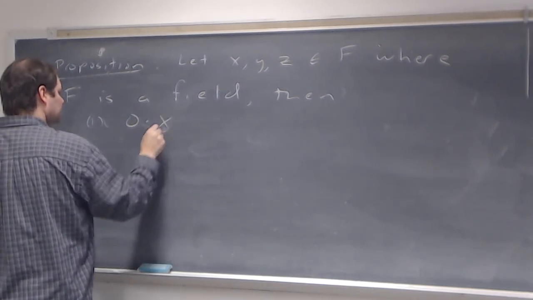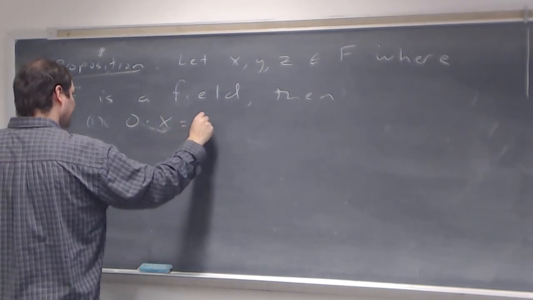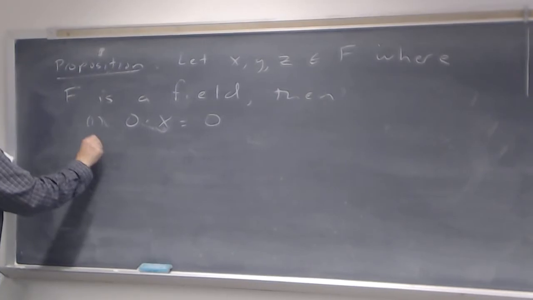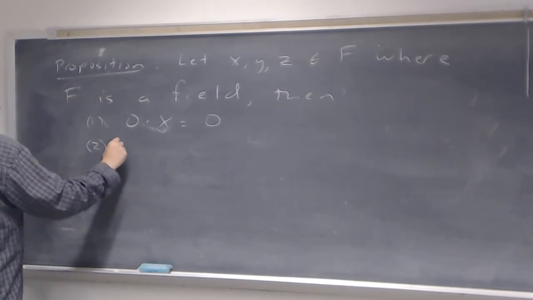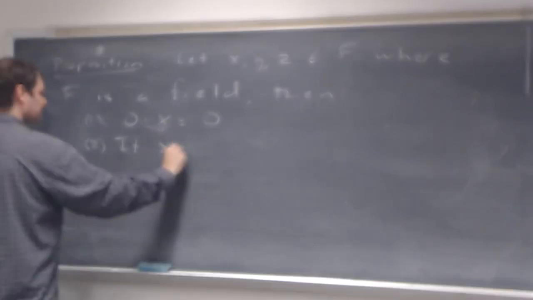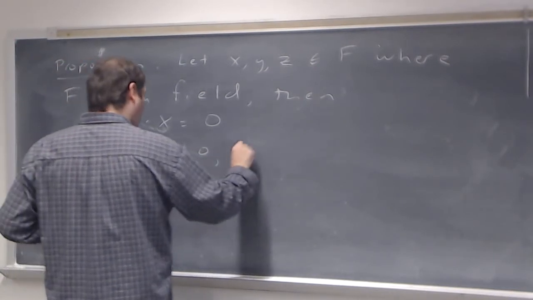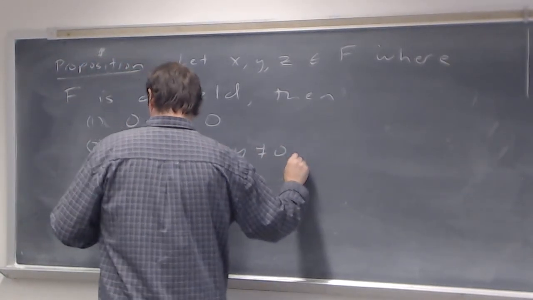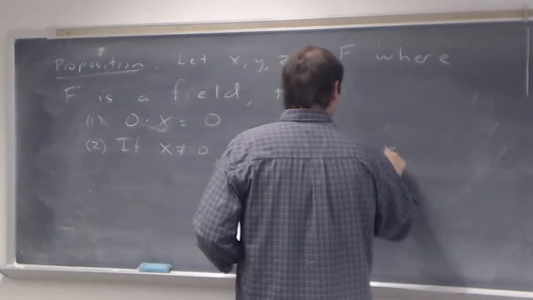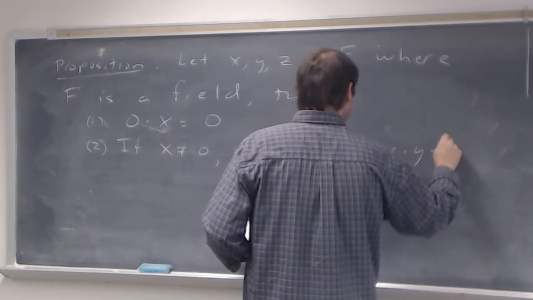One, 0 times x, where 0 is the additive identity, is equal to 0. Two, if x is different from 0 and y is different from 0, then x times y is different from 0.